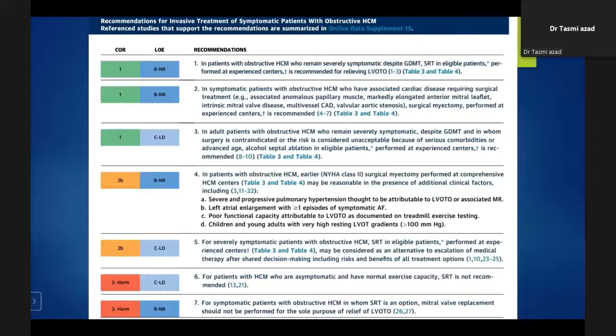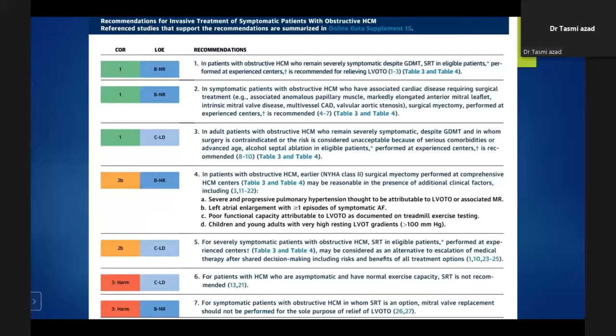There are two ways: septal myectomy, and alcohol ablation. 100% alcohol is introduced into the myocardial septum, and iatrogenic myocardial injury is done.